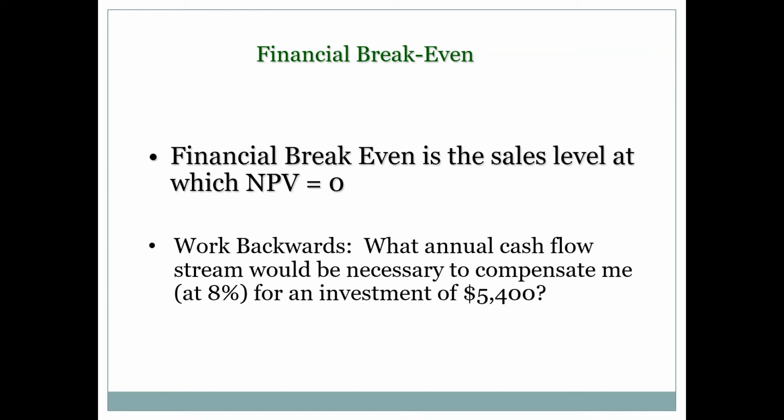I want to know what cash flows will make the sum exactly equal to the cost, because that's when my NPV will be zero. So what series of cash flows will have present values summing to exactly $5.4 million, when I have a required rate of return of 8%?